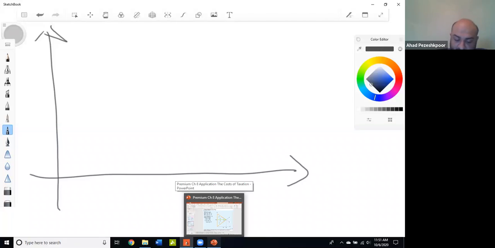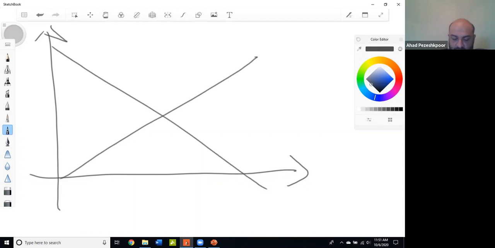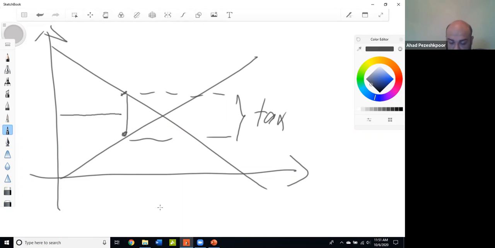When you add a tax, however, the situation changes. Let's say you add this much tax. Now, this difference here is the tax. Let's say this is $100. We talked about how we lost this part because consumers left the market.